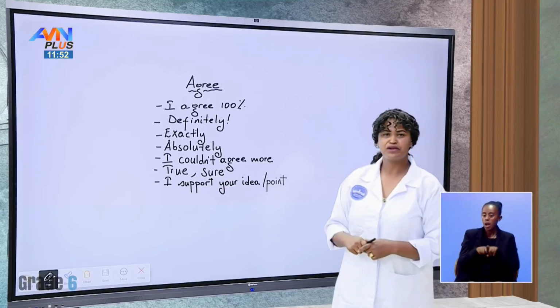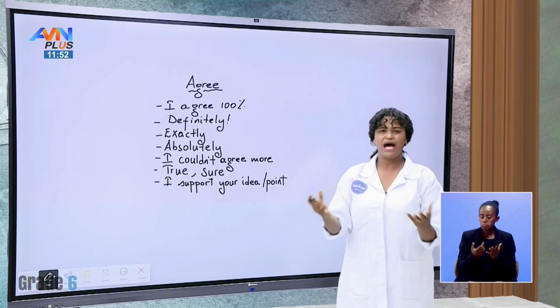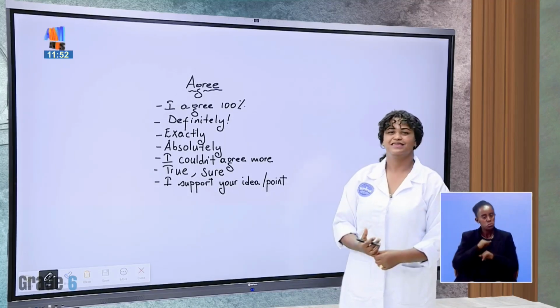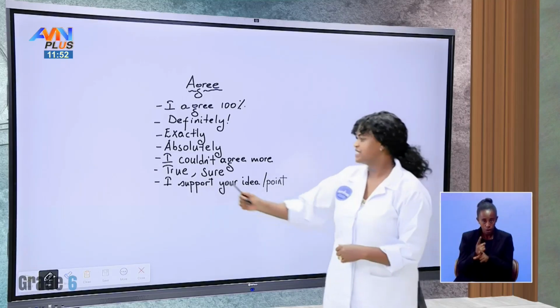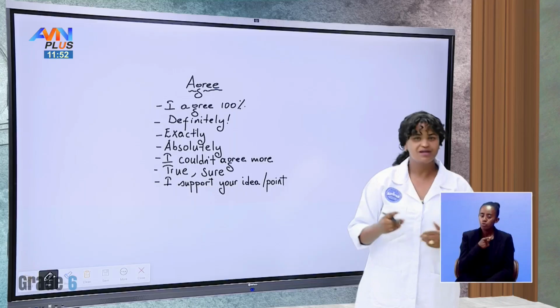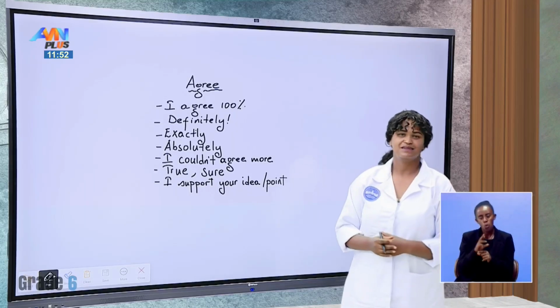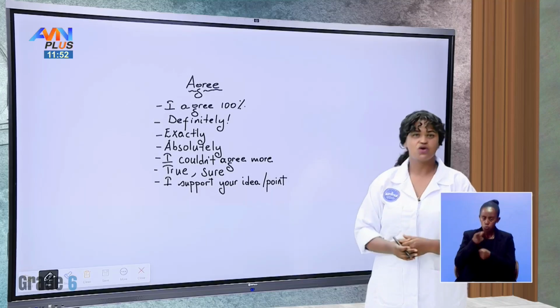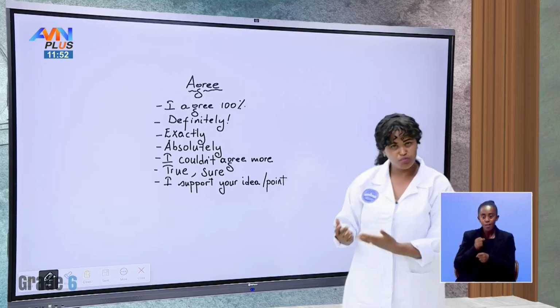I couldn't agree more means I have nothing to add. Everything you say is what? My opinion. All right? Then you can simply say what? True. Or sure. Or certain. Yes? And the other one, I support your idea. Or I support your point.